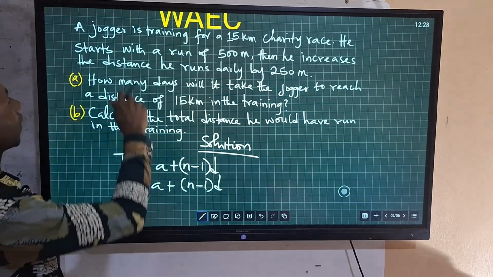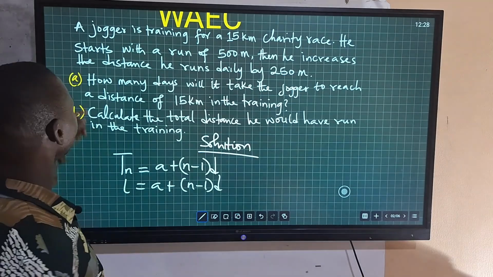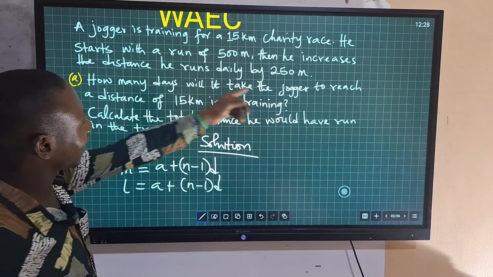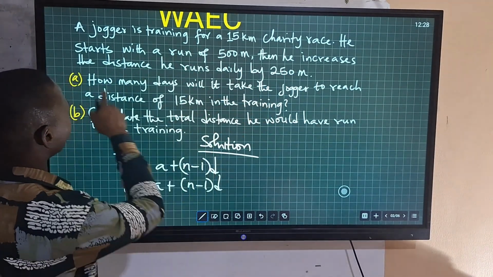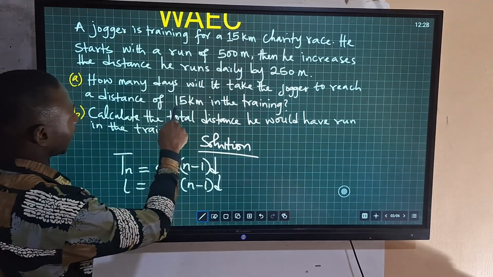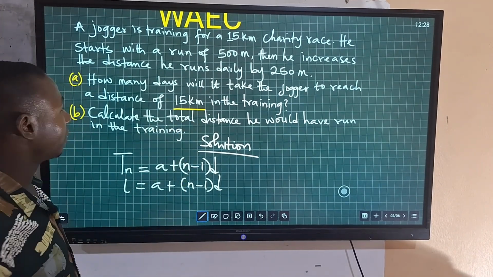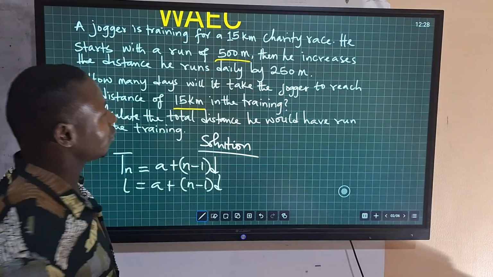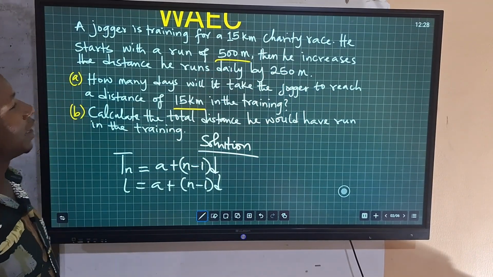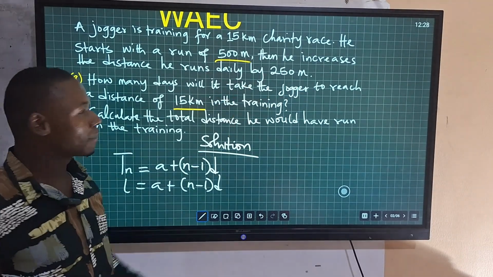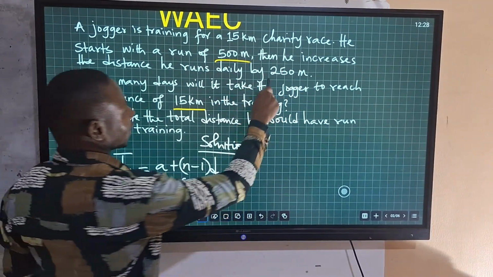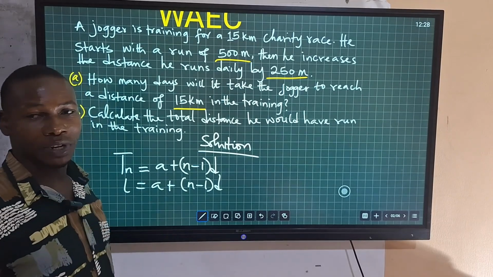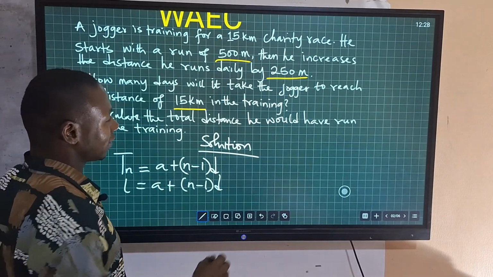So in this question, you can see that our last term is given, which is 15 kilometers. Our first term is given as 500 meters, and the common difference there is 250 meters. Those are the parameters we need in this exercise.